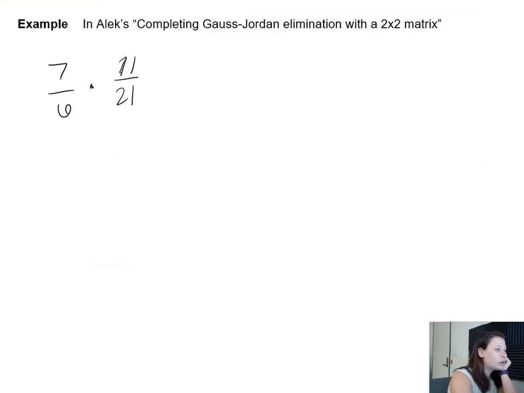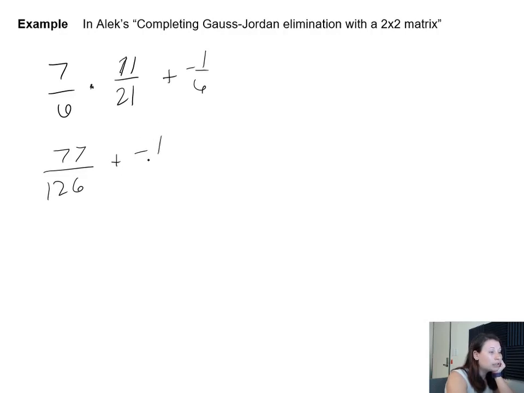Okay, so we need to add this to -1/6. So let's multiply these first. 7/6 times 11/21. That's 77 over 6 times 21, that would be 126. Plus then -1/6.